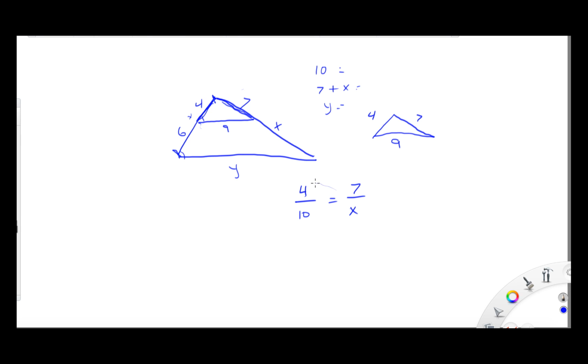Okay, can we find this out by cross multiplying? Yes. So 4x equals 70, divided by 4, divided by 4. X is going to equal, let's go 7 times 10, which is 70, 17.5, or 17 and a half.